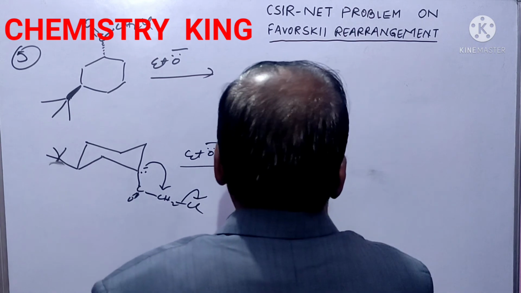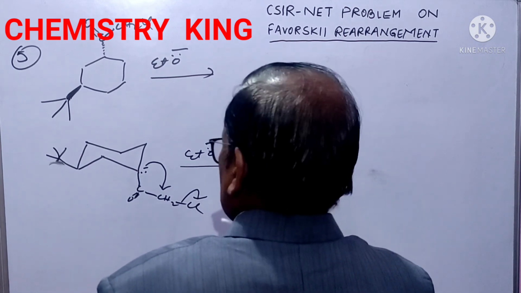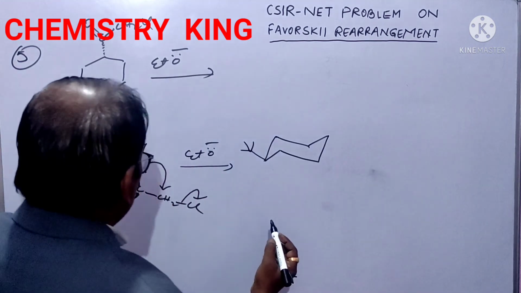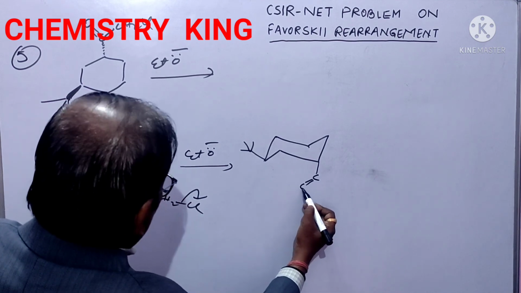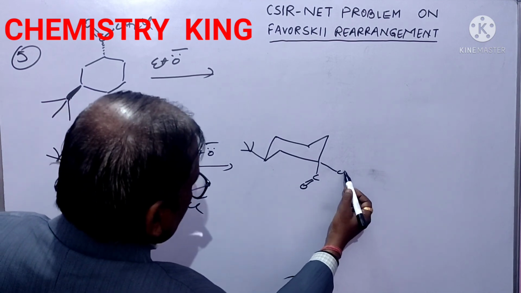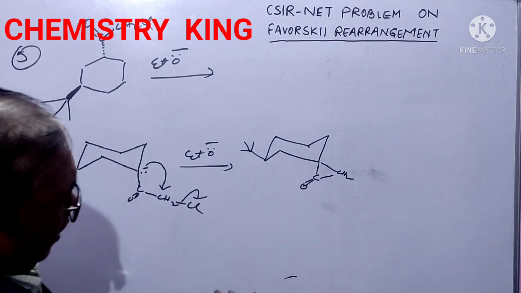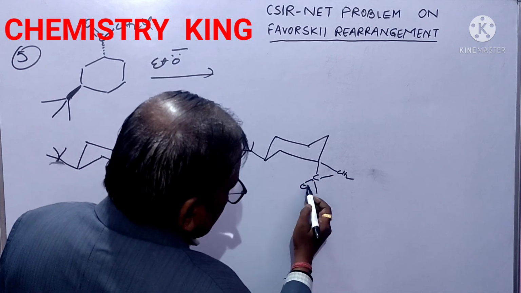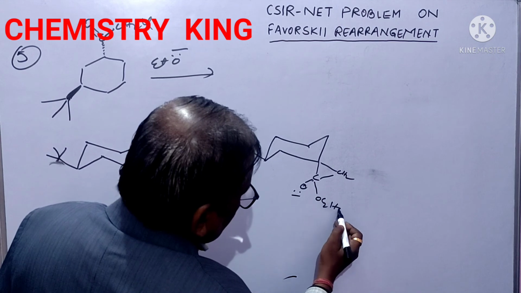Then you will get this one, this, and here C double bond O CH2. Okay. Now ethoxide will attack here. Then you will get this.